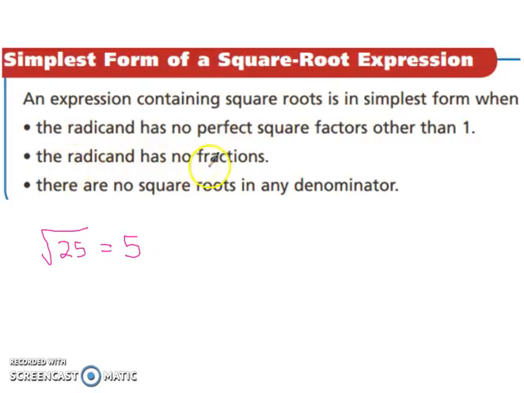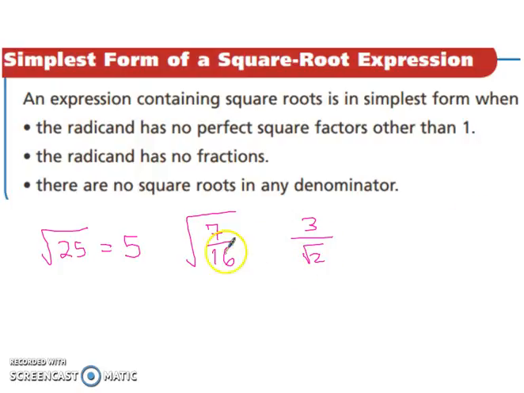The radicand has no fractions, meaning you don't have the square root of 7 over 16. And there are no square roots in any denominator, meaning you're not going to have 3 over the square root of 2.